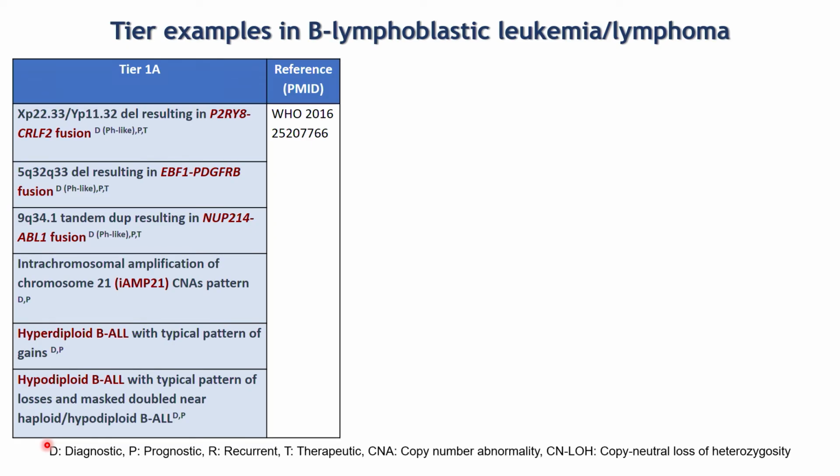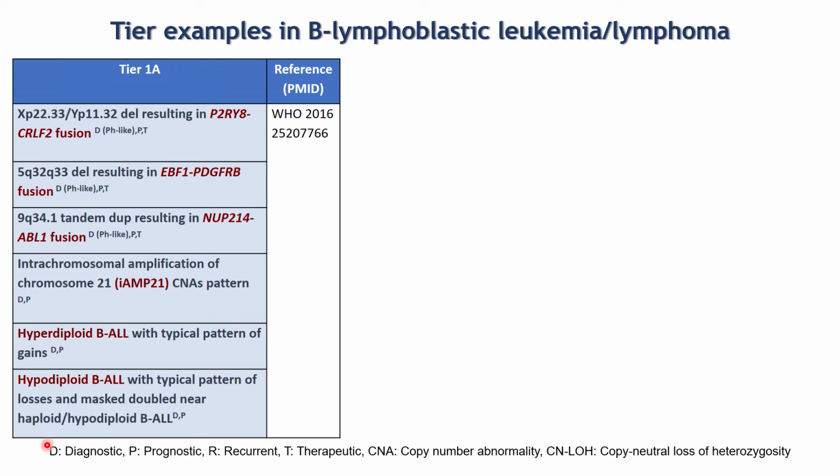To make this easier to understand, we also provide multiple examples of variants in different tiers, both for hematologic malignancies and for solid tumors. So this is just a small example from a much larger set of examples that we provide in the manuscript.